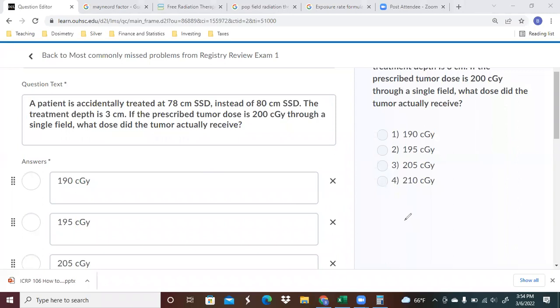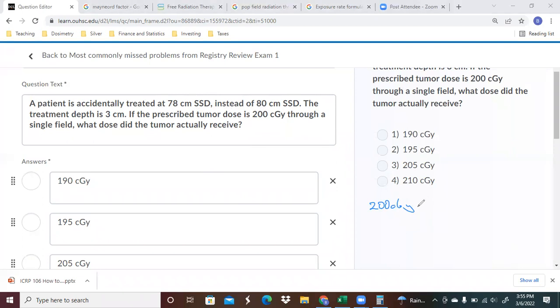The prescribed dose here is going to be 200 centigray. That's what it should have gotten, and it should have been treated at 80. The problem is it was treated at 78. The treatment depth didn't change, so we're okay there. The question is, how did this change the dose?